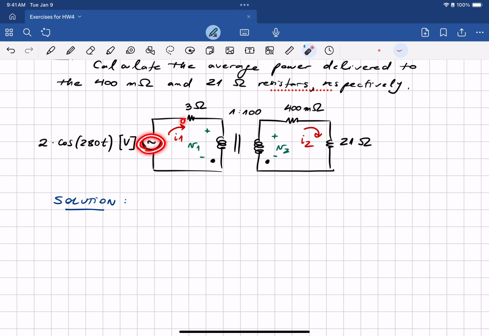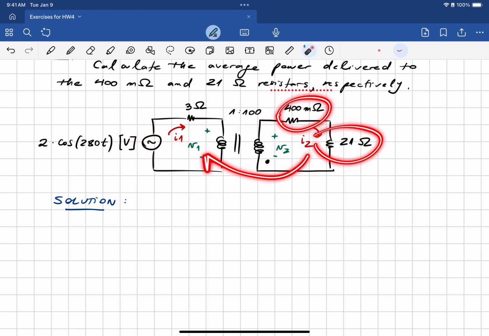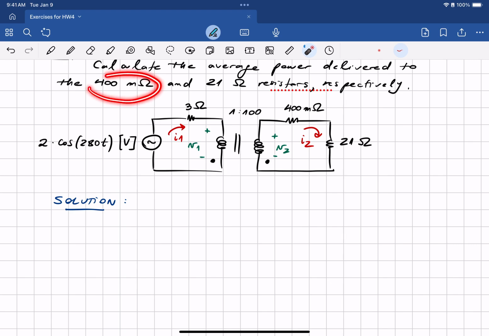Meaning we take this 2 and move it to the secondary using the turns ratio, or we take those two elements and move them to the primary using the turns ratio. Any of those would work. In this case, it's easier since we want to calculate quantities related to the secondary element. We're going to move the source and the impedance on the primary to the secondary side.